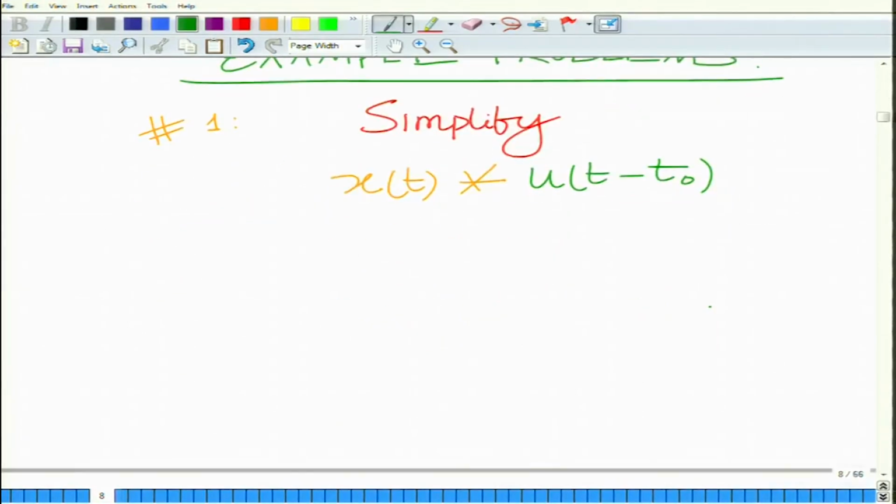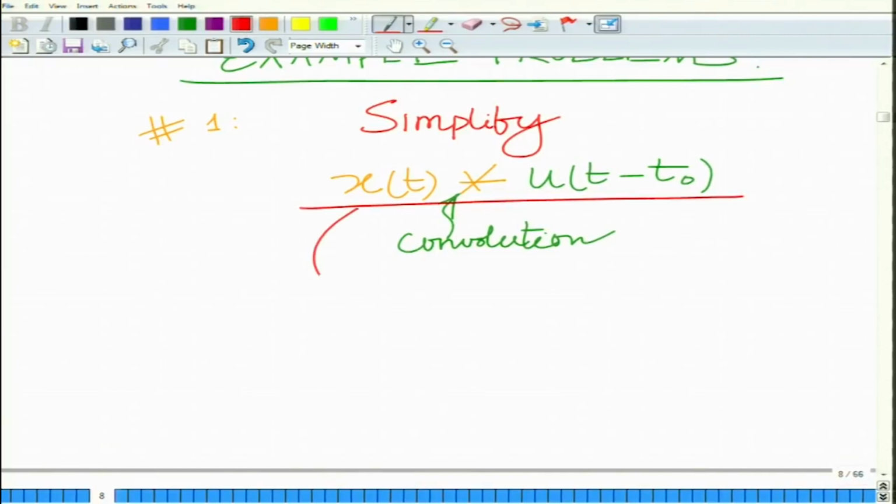Okay. So, this is basically, as you might recall, your convolution operation. And this can be simplified as follows.